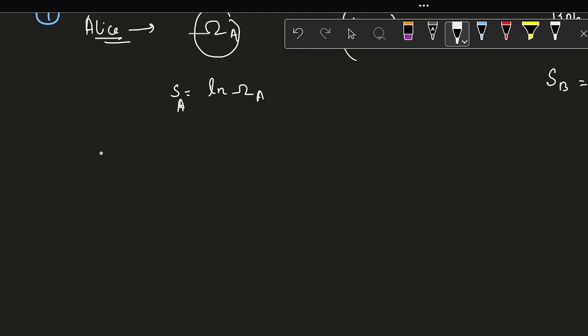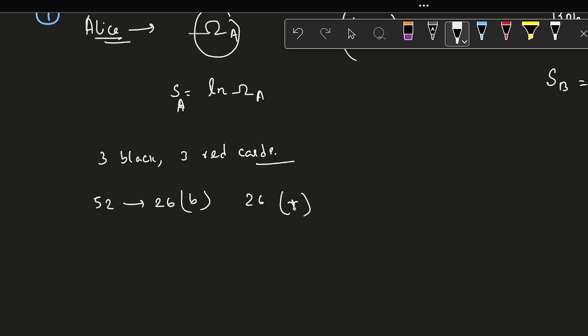Now for Alice you have 3 black and 3 red cards. How many ways can you choose and rearrange that? In a standard deck you have 52 cards, out of which 26 are black (B) and 26 are red (R). Out of that you have to pick 3 black cards and 3 red cards for Alice.